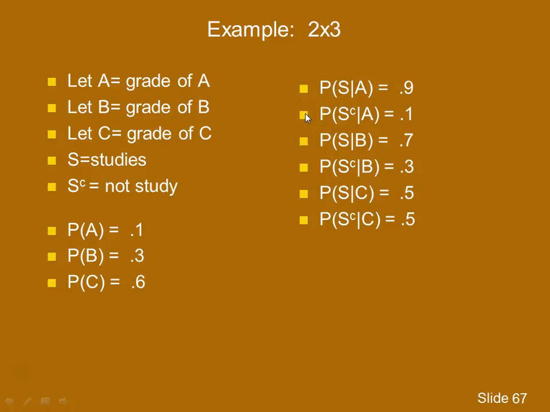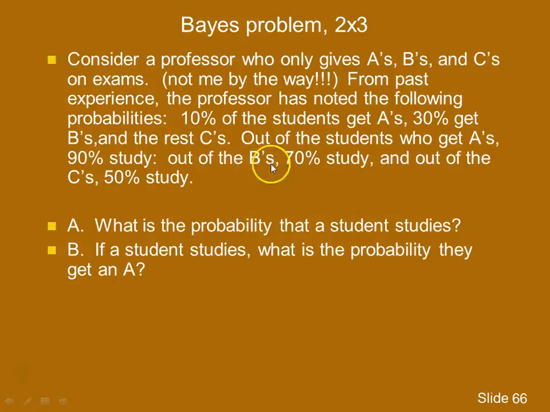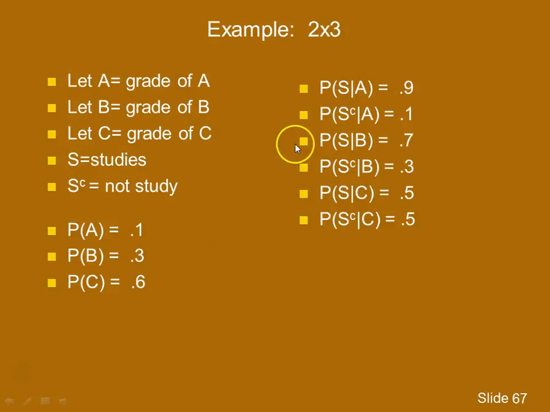S complement given A has to be 0.1. Similarly, out of the B students, 70% study. So given they're a B student or given they're going to get a B, the probability of studying is 0.7, and its complement, S complement given B, is 0.3.